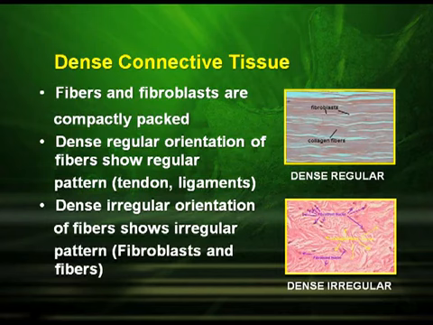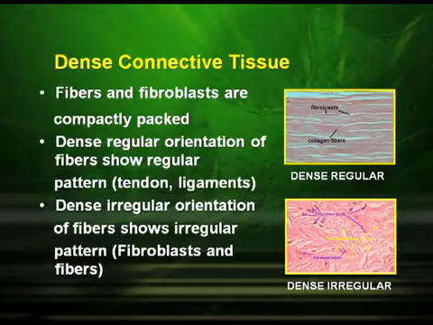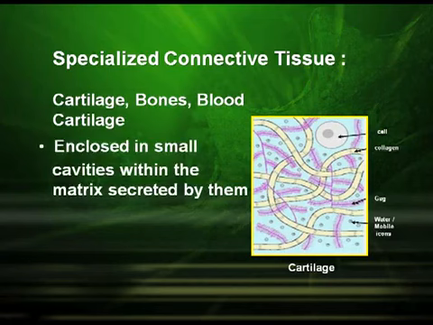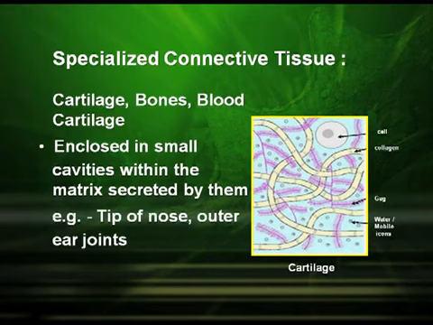The specialized connective tissue includes the cartilage, the bones and the blood. Cartilage cells are enclosed in small cavities within the matrix secreted by them. They are found in the tip of the nose and in our external ear.